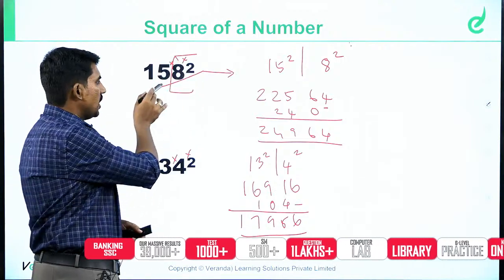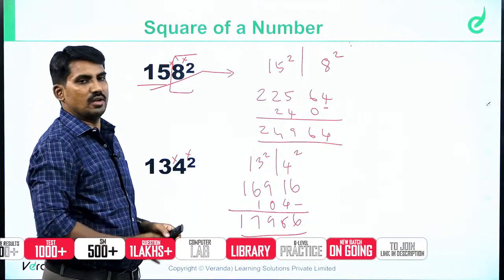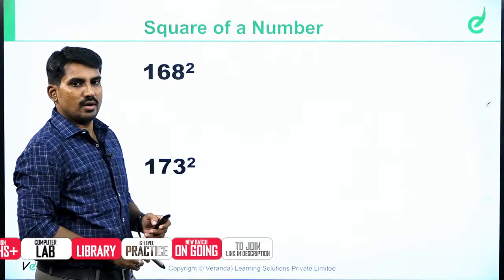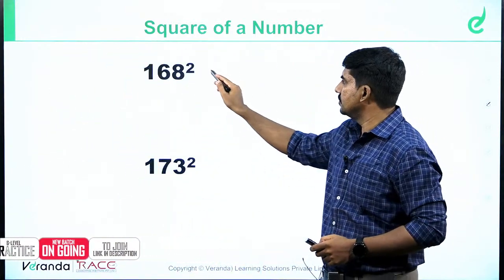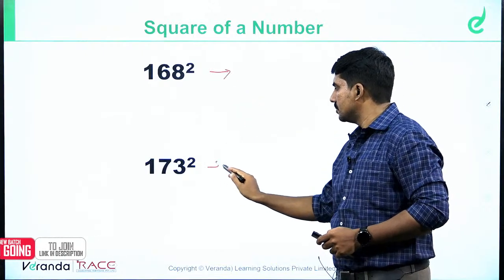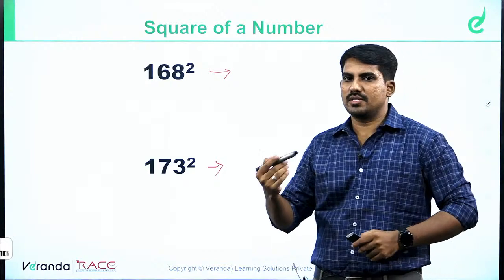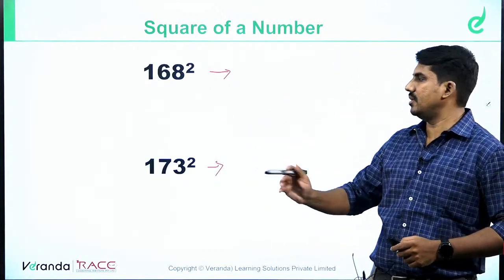Then the remaining we have to consider as a single number, that's all. Then the same shortcut we can apply. Now try this also. Don't write the squares separately; directly write the second step, add everything, get the answer.